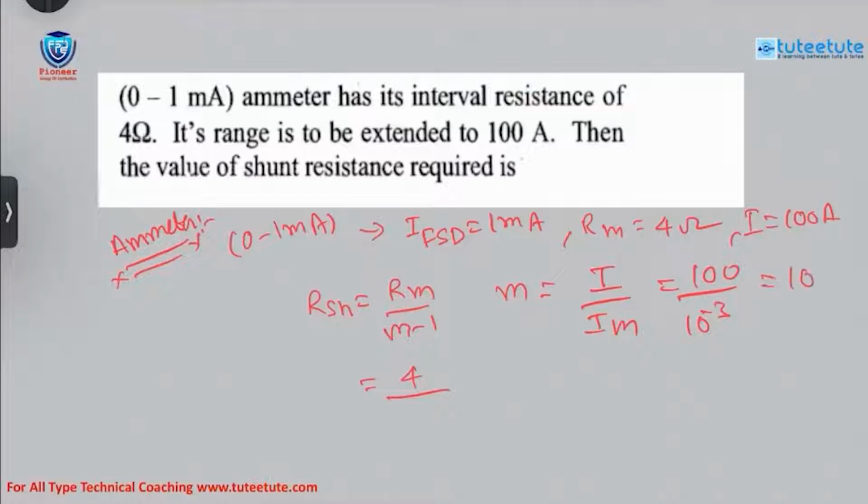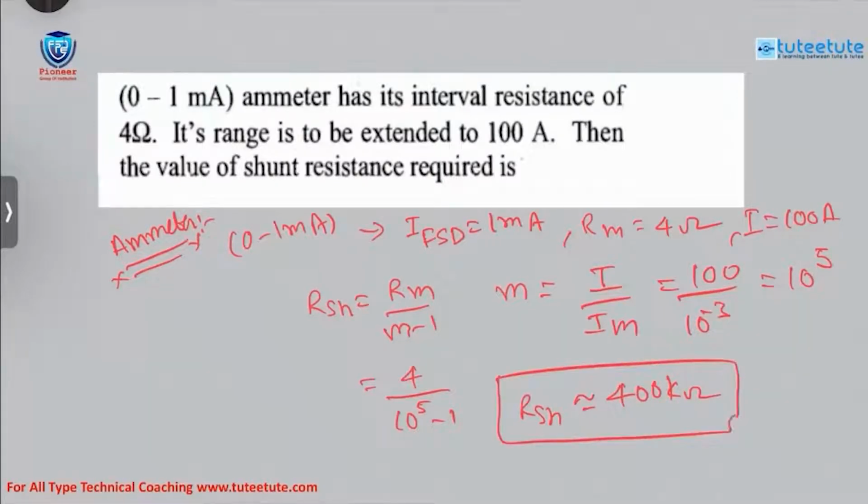It will come around 10 power 5. If you substitute 10 power 5 here, as it is a very large value, you can neglect the 1 there. So R shunt approximately can be written as 400 kilo ohms. This is the answer.